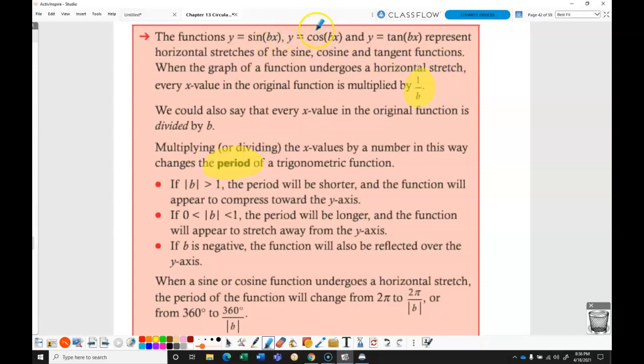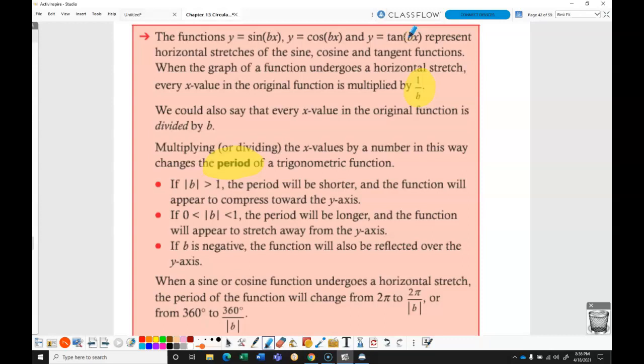So if this b value inside with x is 2, it's actually going to be a shrink to 1/2. If that b value that's in there with x is a positive 5, it's going to be a shrink to a 1/5. If it's 1/4, it's actually going to multiply it and stretch it out on the x-axis by 4.